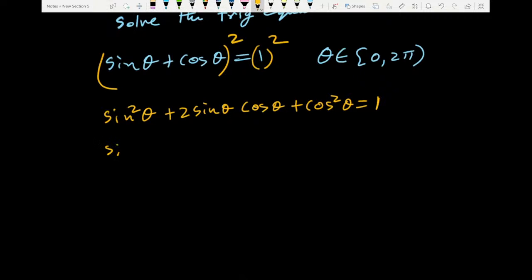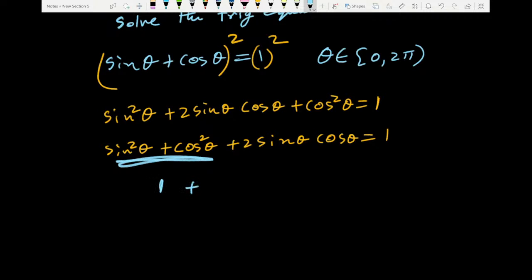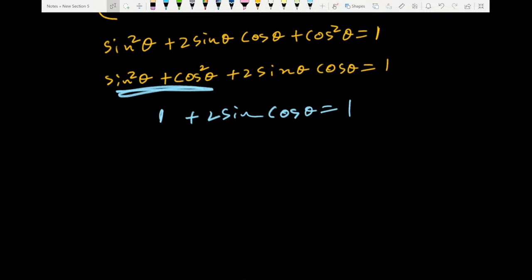Well, we know sine square of theta plus cosine square of theta equal 1. So we have 1 plus 2 sine of theta cosine of theta equal 1. And we could simplify that. This just becomes 2 sine of theta cosine of theta equal 0, because you subtract that. What do we know about 2 sine of theta cosine of theta?